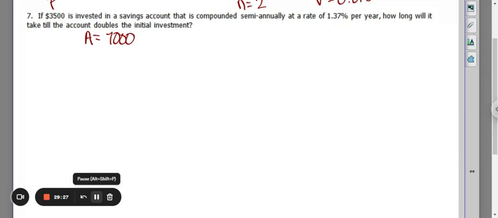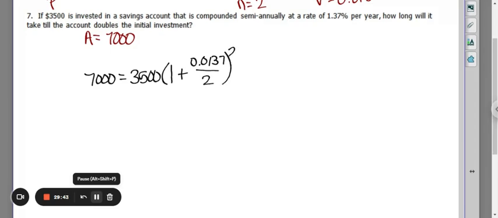All right, so setting it up. 7,000 equals 3,500 times 1 plus 0.0137 over 2 to the 2t. So when I divide by 3,500, I end up with 2.